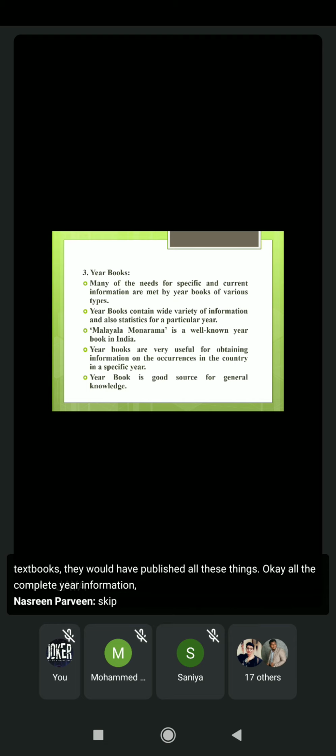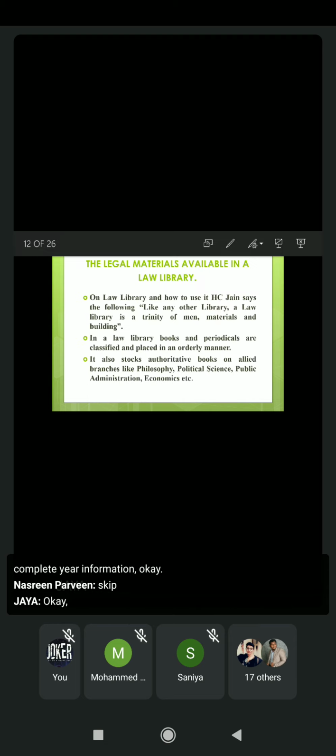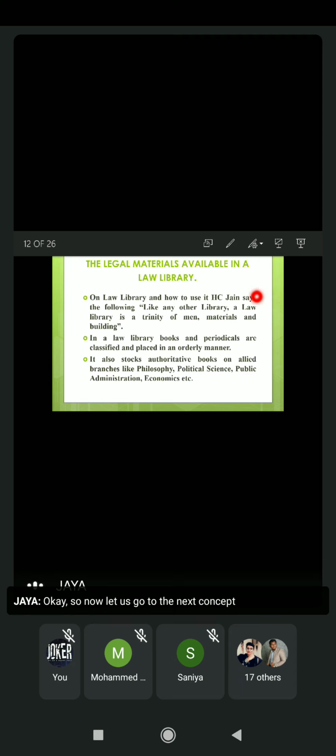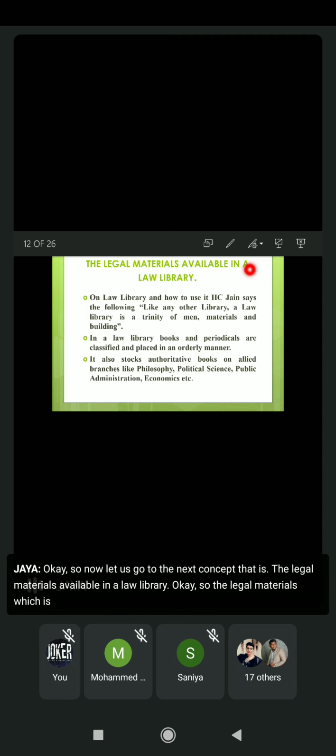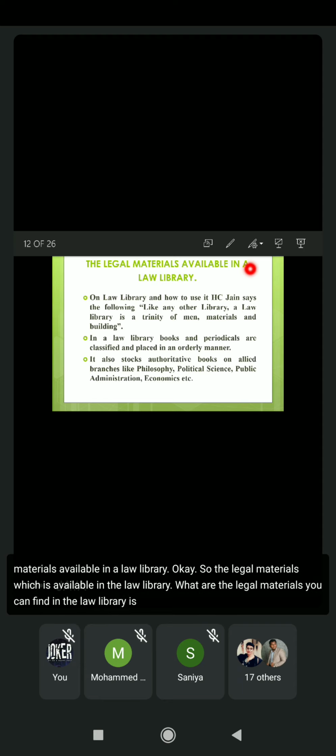Now let us go to the next concept, the legal materials available in a law library. What are the legal materials you can find in the law library, and how to use it.